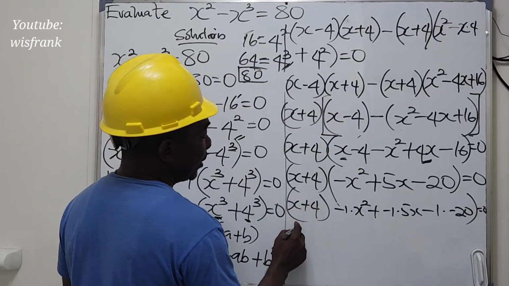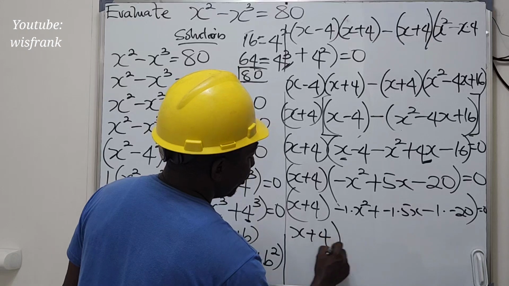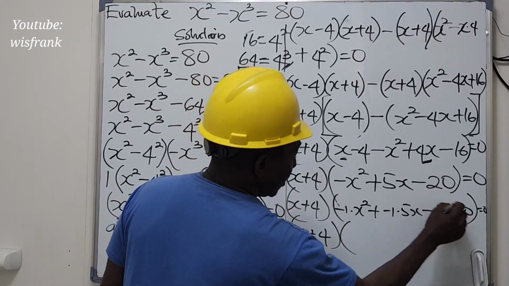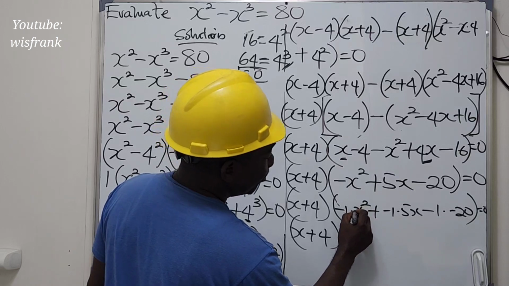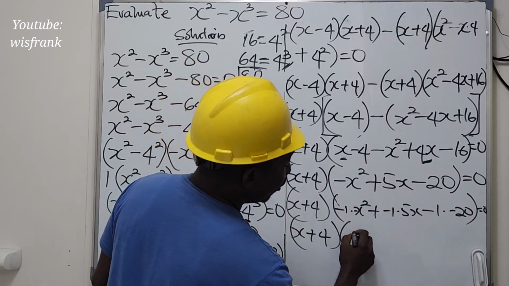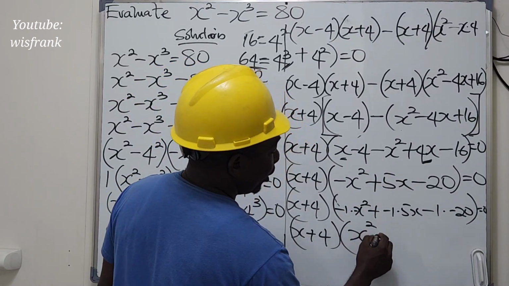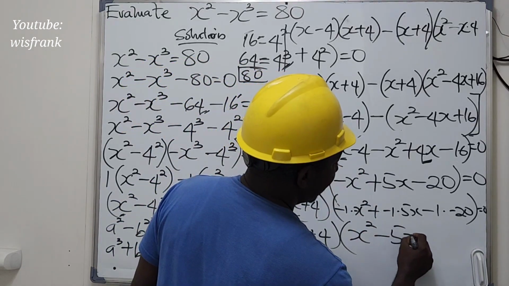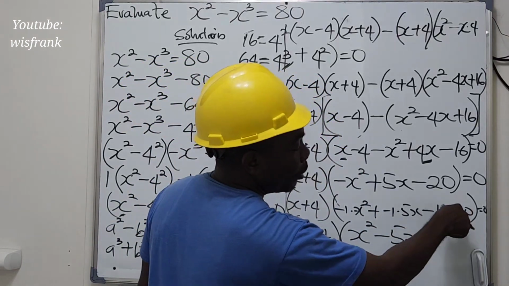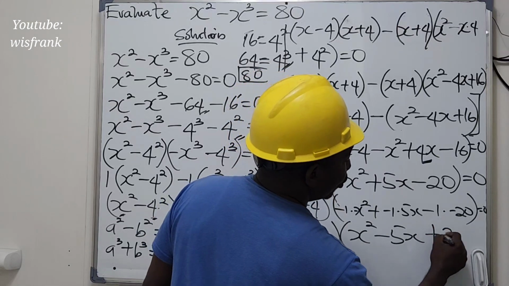This is the same thing as x plus 4 into, minus 1 times minus x to the power of 2 will give us x to the power of 2. Then minus times 5x will give us minus 5x. Then minus times minus 20 will give us plus 20.